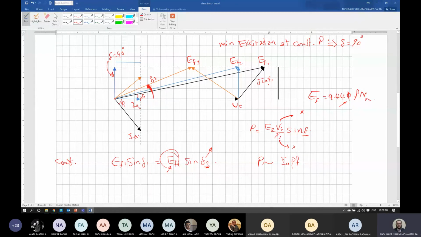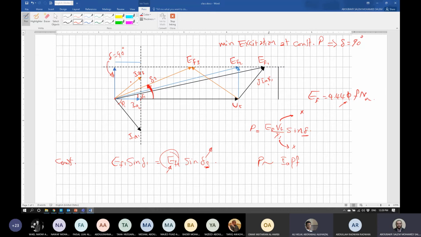طيب, again, comparing يا شباب the operation also for constant power, we have IA1, IA2, and IA3 here. What is the minimum value of IA? At delta equal to 0. At delta equal to 0, which is unity.